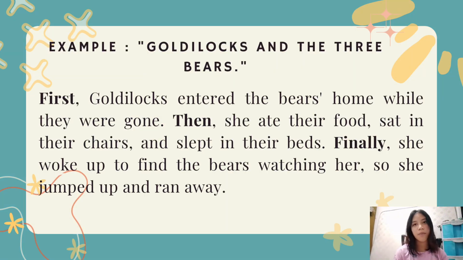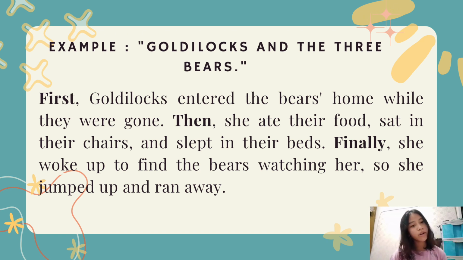Here is an example of first, then, and finally. Goldilocks and the Three Bears. First, Goldilocks entered the bears' home while they were gone. Then, she ate their food, sat in their chairs, and slept in their beds. Finally, she woke up to find the bears watching her, so she jumped up and ran away.